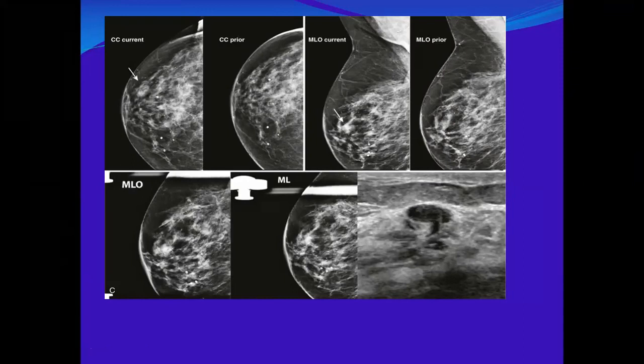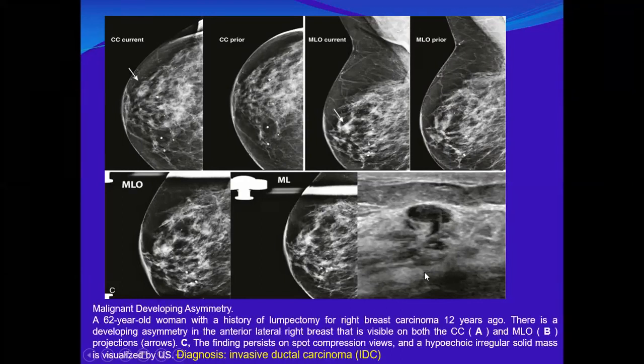That means it is real, it is not a superimposition, not summation of shadow. Ultrasound demonstrated an irregular mass, and it was invasive ductal carcinoma, without any other associated findings. This is early cancer.